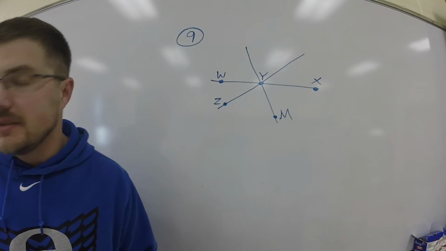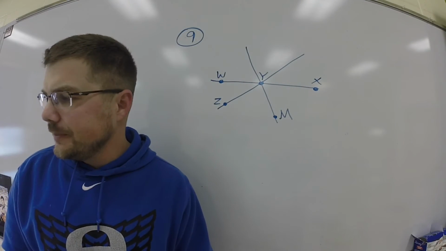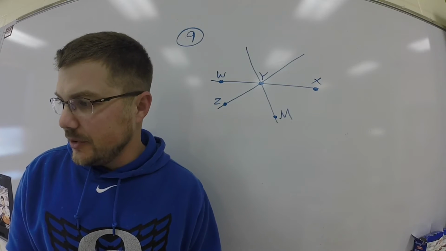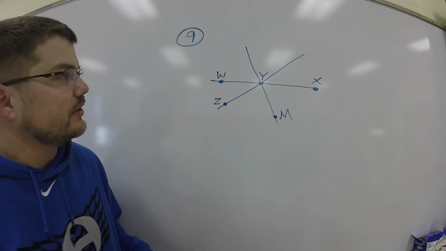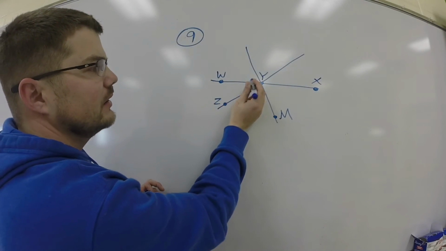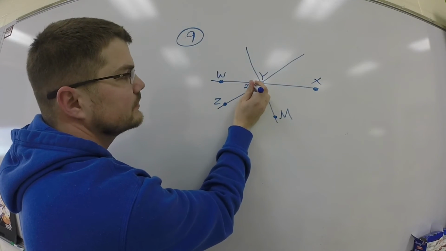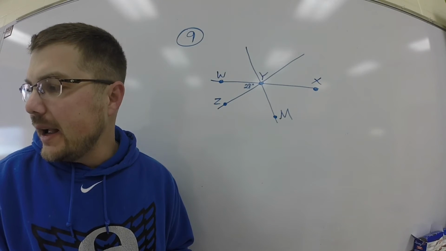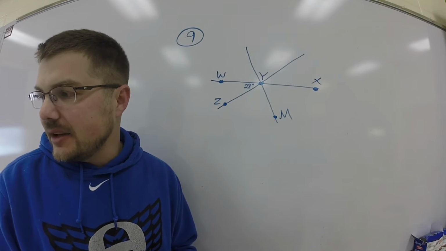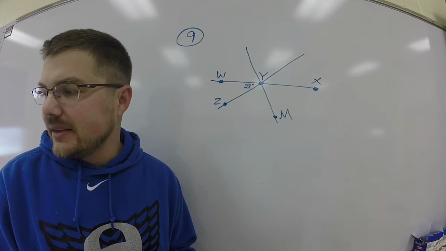Okay, on number 9 it says, in the figure below, the measure of angle WYZ is 28 degrees. So let's go ahead and write that in here. WYZ, 28. It also tells us that YM bisects angle ZYX.